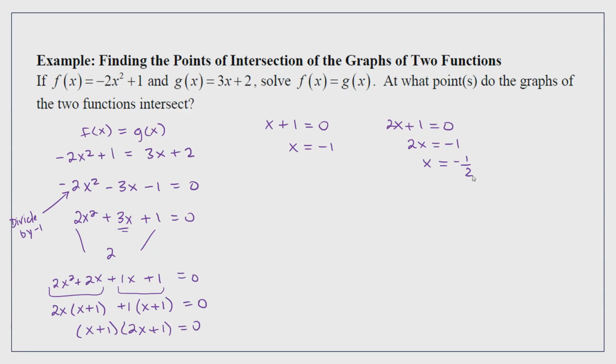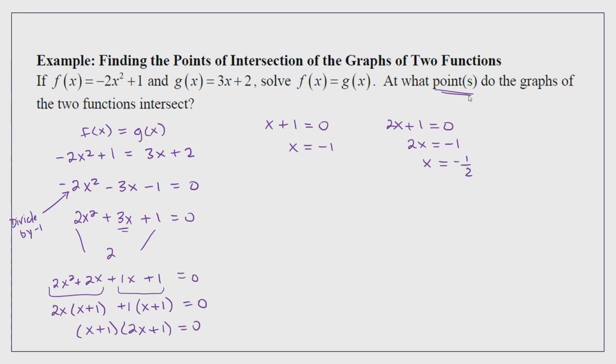Okay. So now that I have the x values, I now need to determine what the y coordinates are. Because remember, I'm trying to find the points of the graph. Since I have two x coordinates, I need their associated y's.